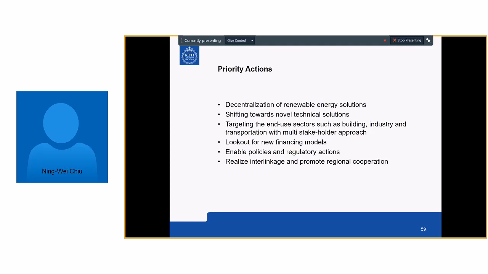This was not mature maybe 10 or 20 years back, but now they're getting there, and we want to promote those so that we can increase the renewable energy share through the use of electricity. Targeting the end-use sectors such as buildings, industries, transportation, with a multi-stakeholder approach, we want to include as many stakeholders as possible. That's the thing.